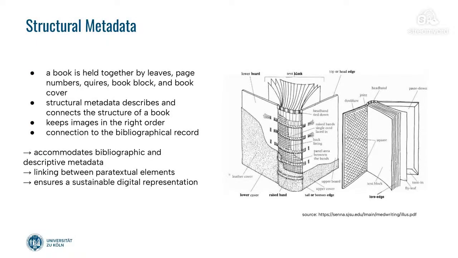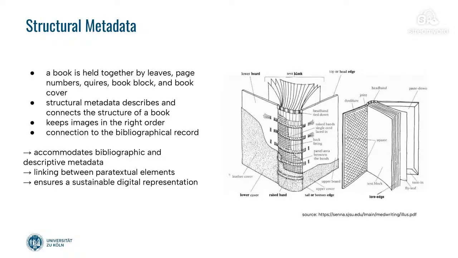Structural metadata is really important for digital facsimiles because the images, you can see them as separate. If you look on your phone or on your computer, you have these folders full of images, and often there's no structure, or you don't have the time to sort them.